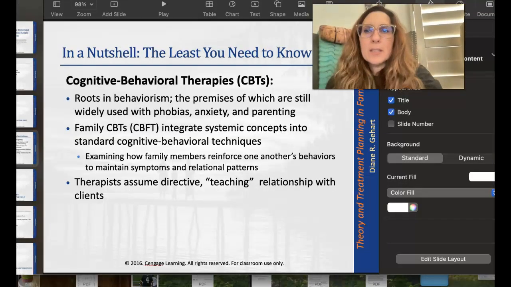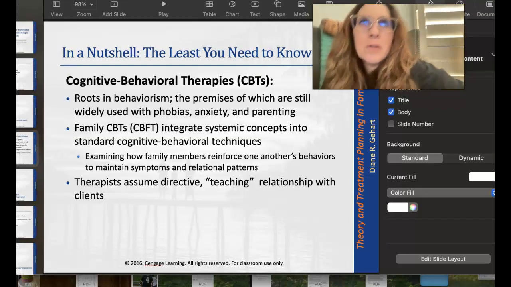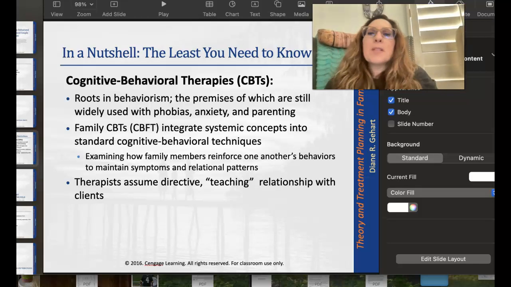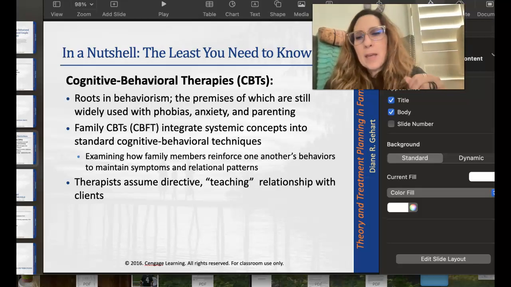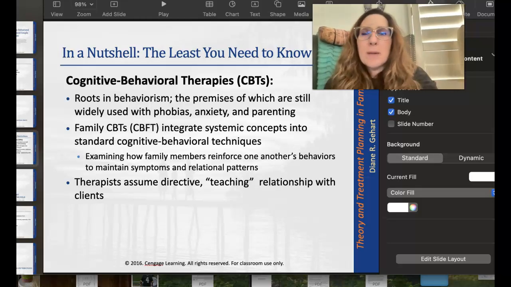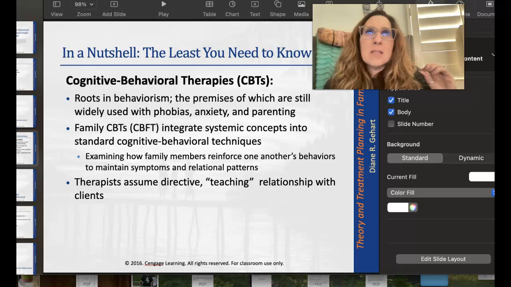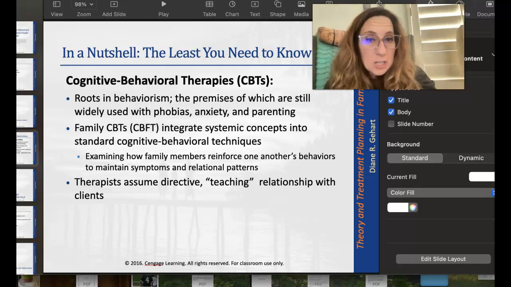So we're going to be talking about cognitive behavioral therapy used with couples and families. This roots in behaviorism, CBT. My thoughts turn into my behaviors that turn into my beliefs. Obviously, CBT stands for cognitive behavioral therapy. It's kind of the idea of teaching the clients what's going on.